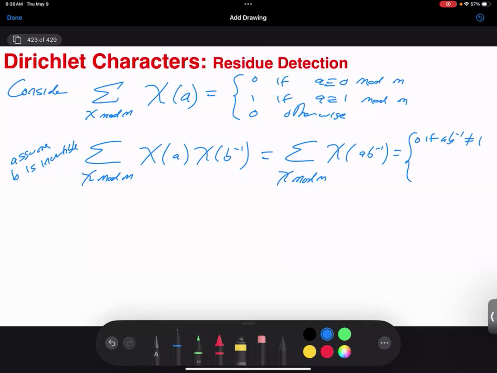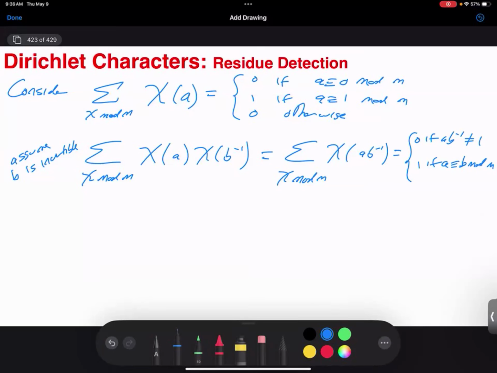Right? If a equals 0, we get 0. If a does not equal b mod m, then it's going to be 0. So this is going to be 1 if a is congruent to b mod m. Do we agree?